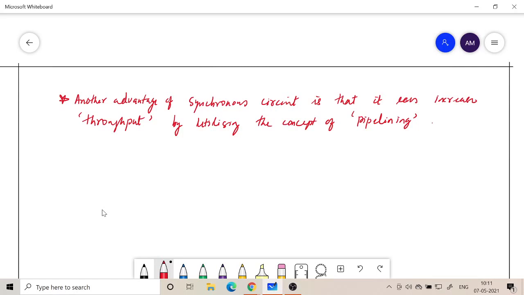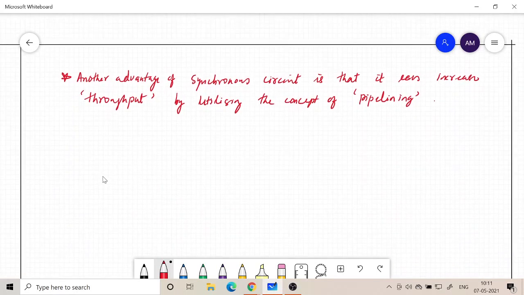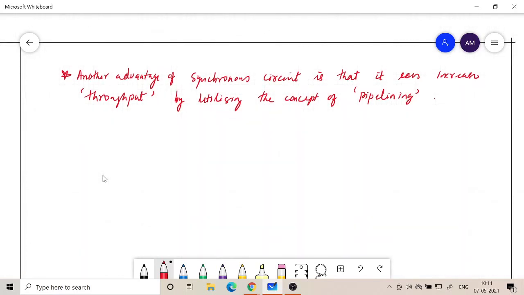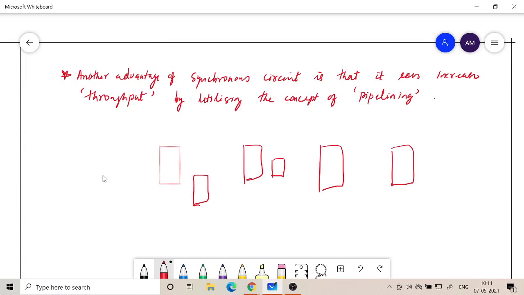So in order to explain this, let's take some circuits. Say we have a lot of combinational circuit here. Each of these blocks corresponds to some combinational circuit, and there is an input, and then it goes like this.